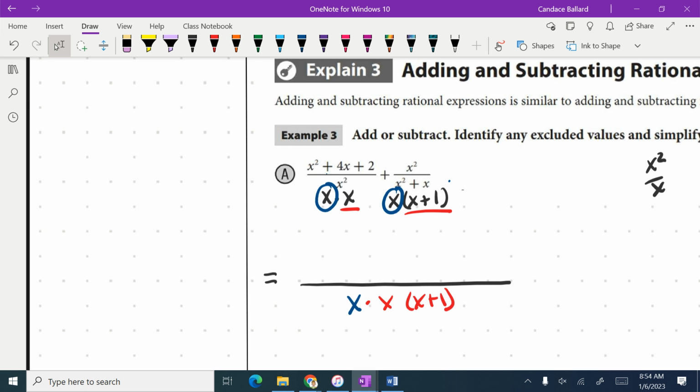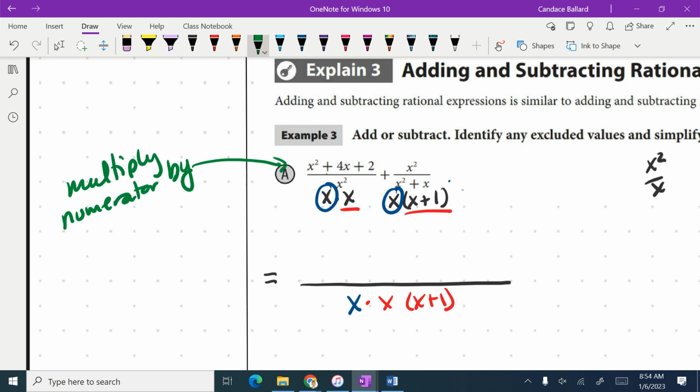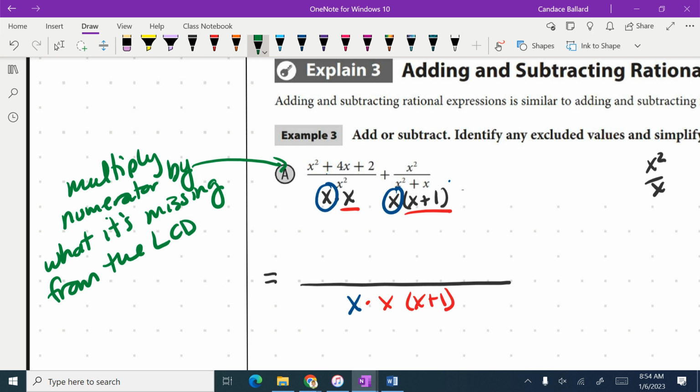Okay, so let's write that off to the side. Okay, so multiply numerator by what it's missing from the LCD.